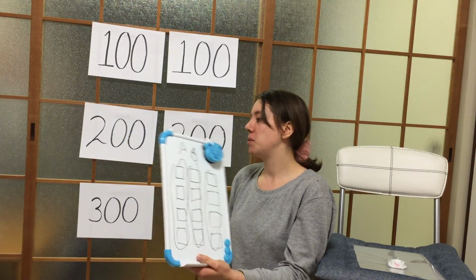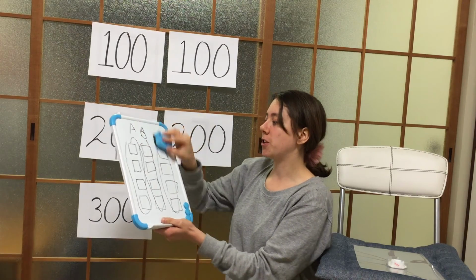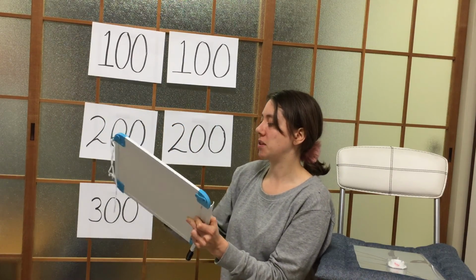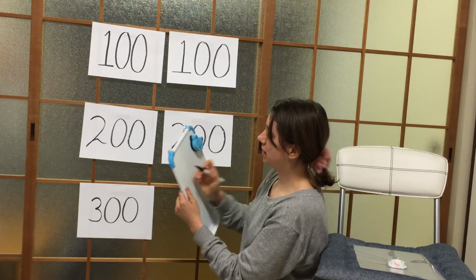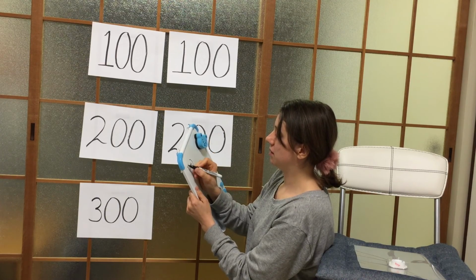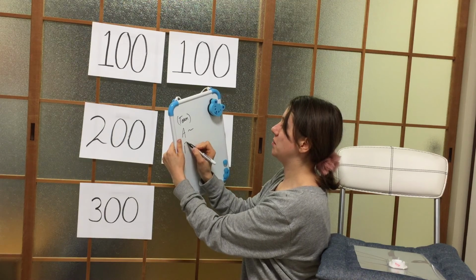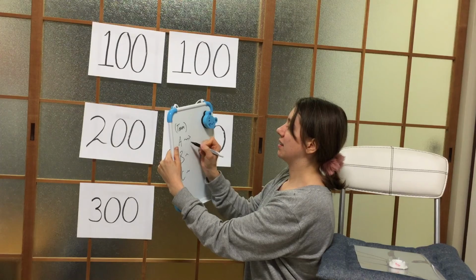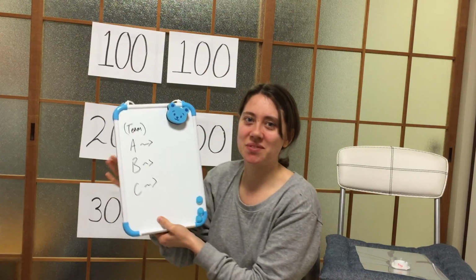So anyways, the first thing we would do is figure out which team goes first. Okay, so A, this is their points, B, their points, and C, their points. Usually it's a lot more clear when I do it with the students.